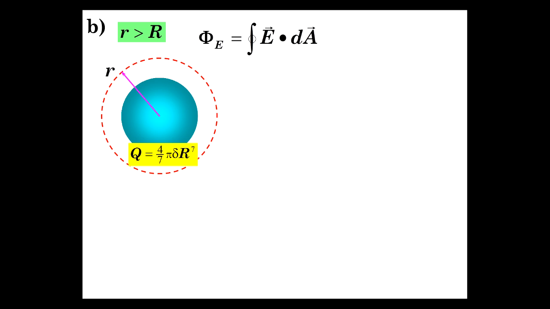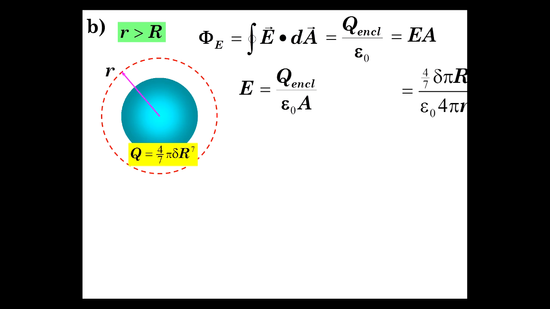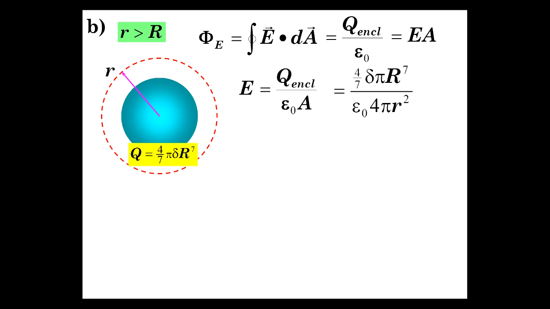So flux equals closed integral of E dot dA, Q enclosed over epsilon 0, which is EA. So E is Q enclosed over epsilon 0 A. Q enclosed, there it is, area 4 pi r squared. The electric field then is delta R to the 7 over 7 epsilon 0 r squared.